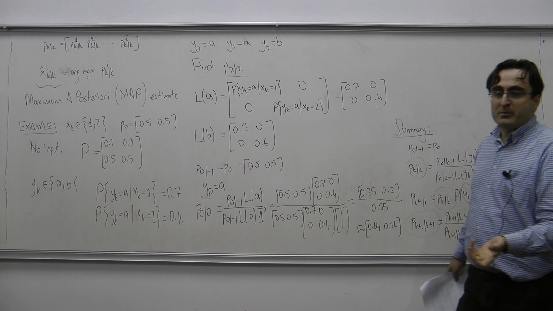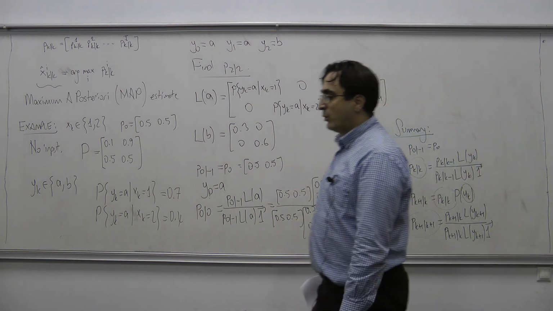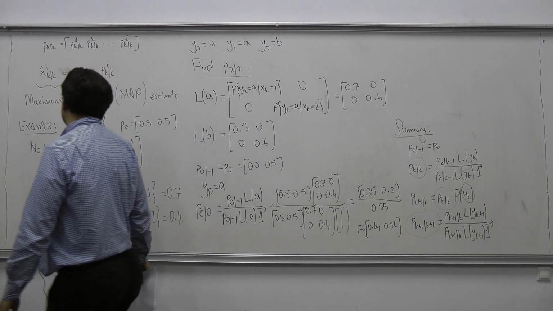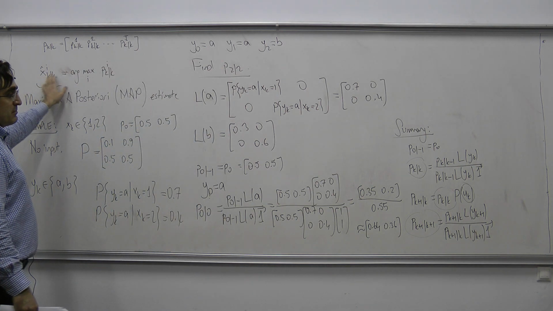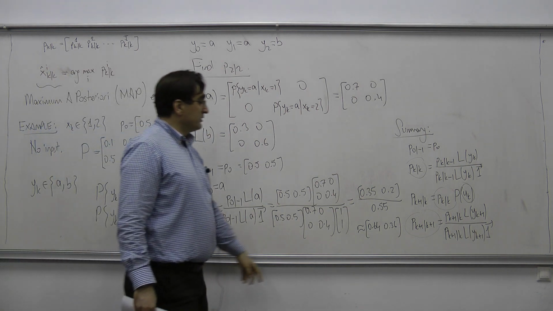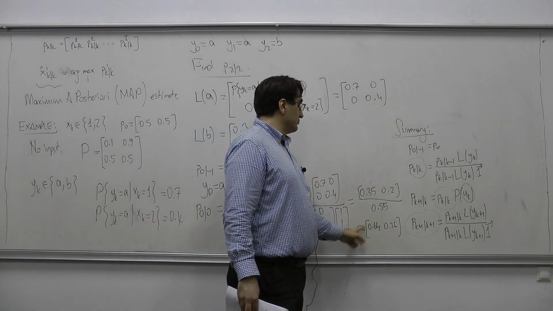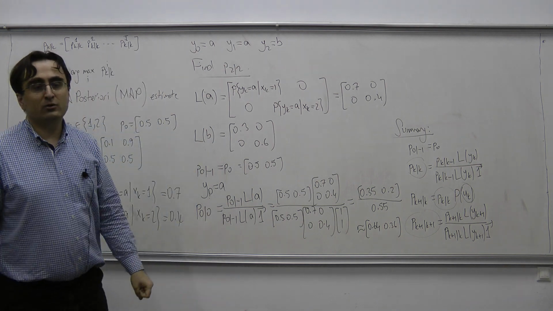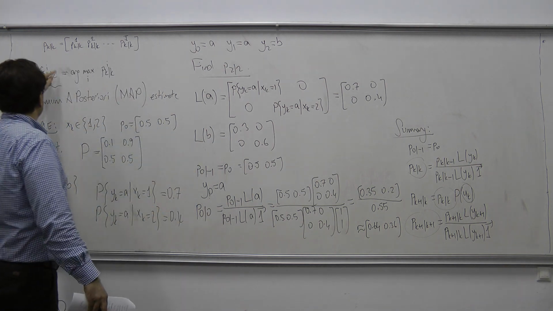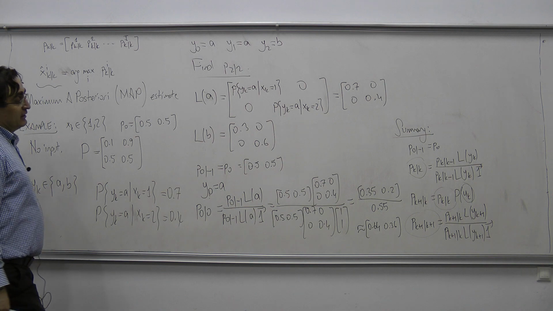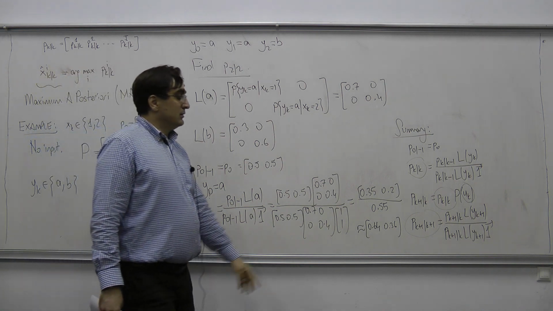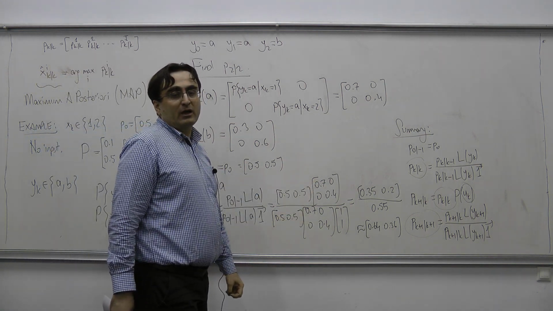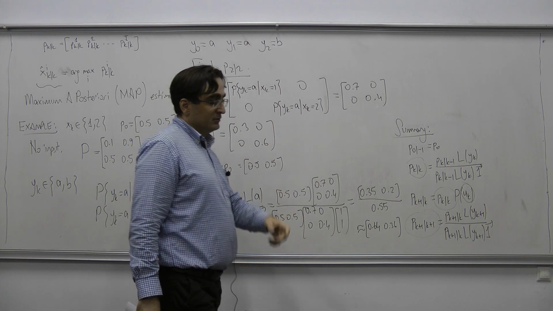Obviously, if someone asks me to guess the state x0, I would calculate the estimate. The estimate of x0 given 0 would be state 1. If someone asks me for a point estimate, which this one is, I would say the estimate is x hat 0 given 0 is 1.